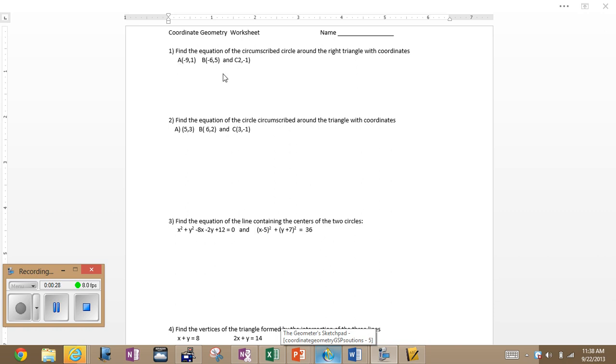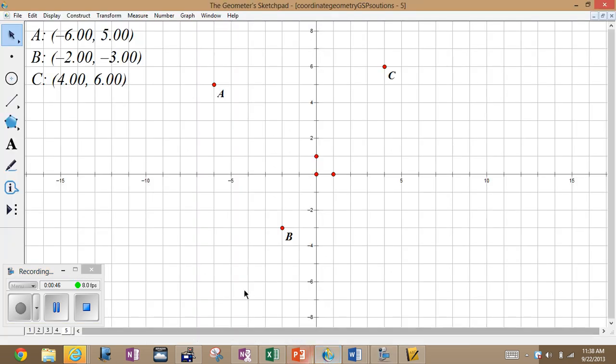So the first two are very similar. They're saying find the equation of the circumscribed circle around the right triangle with coordinates as indicated here. And then number two is saying the same thing, although it does not specify it's a right triangle. So we're going to the sketch pad to illustrate some things here.